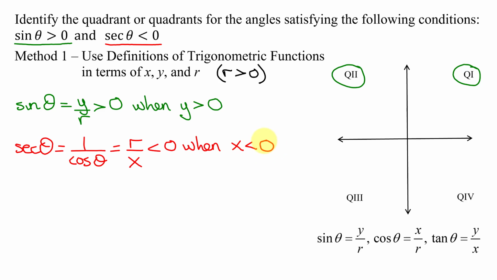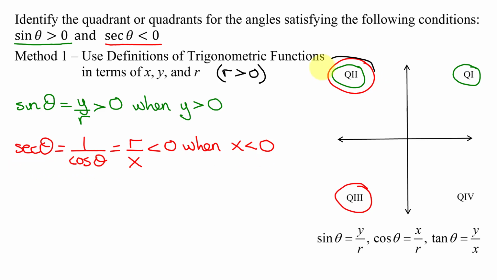And in which quadrants are the x values negative or less than 0? Those are the quadrants to the left of the y-axis. So those are true in quadrant 2 and in quadrant 3. So in which quadrant or quadrants are both of these conditions true?